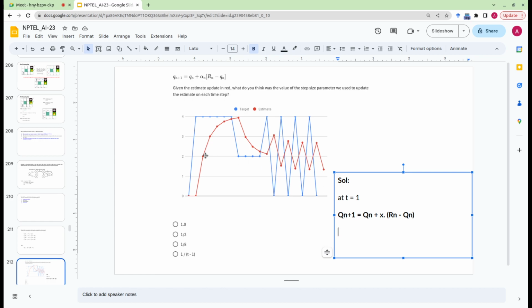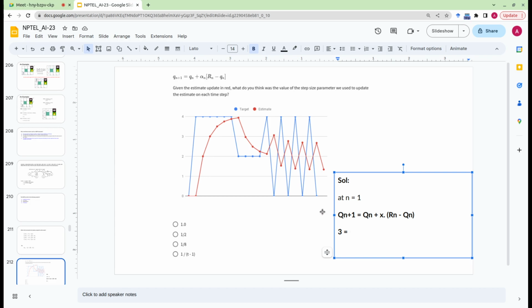N equals 1 means this point, fine. So our value was 2. Here we are considering n equals 1, fine. But this Qn plus 1 is saying what is Q2. It is asking for 2. What was your estimate? It is 3 here, right? So 3 equals, what is the Qn you estimated?